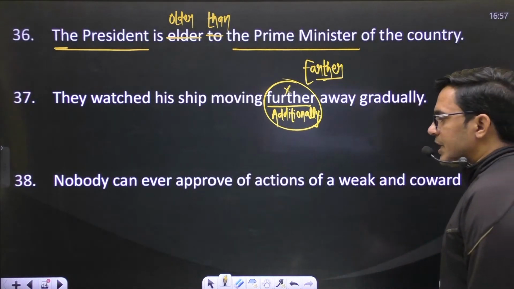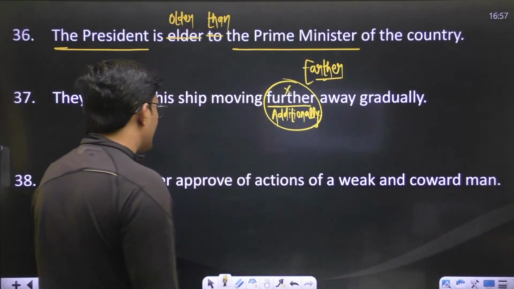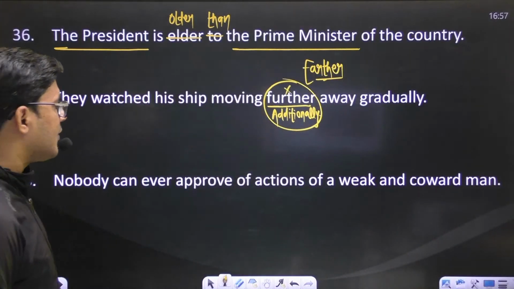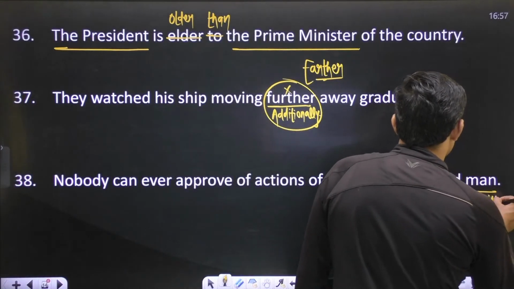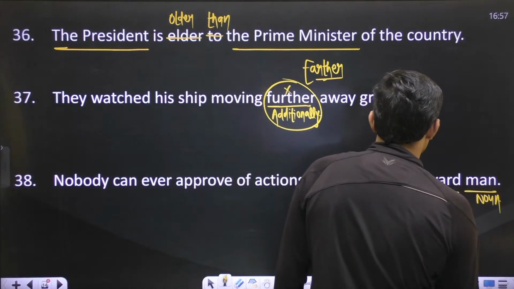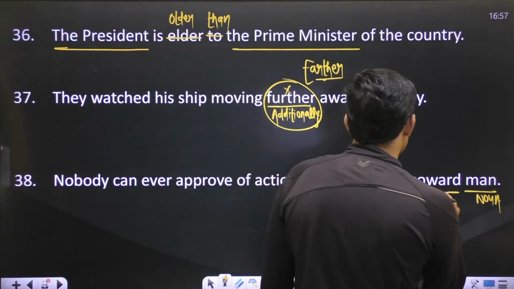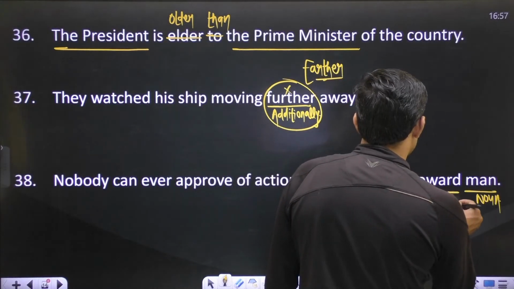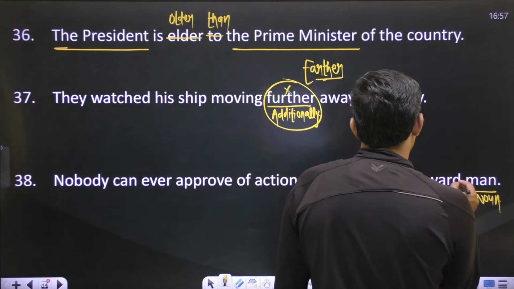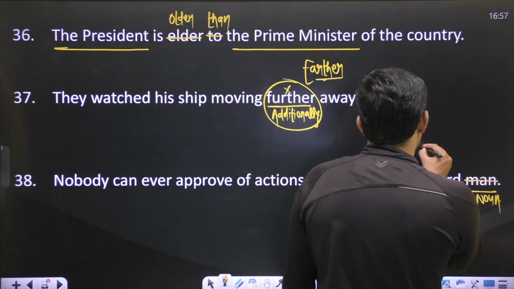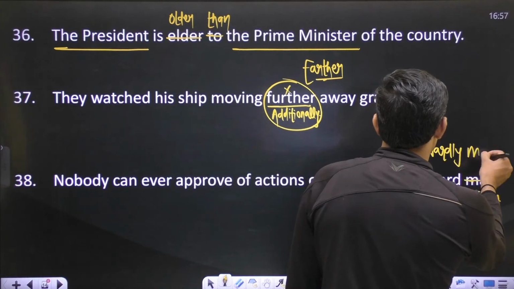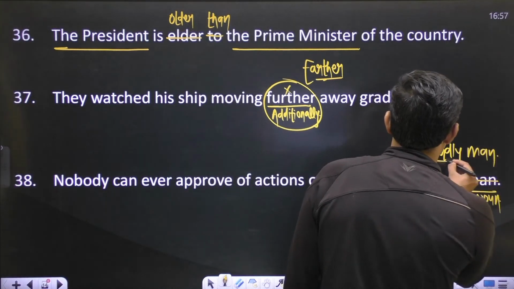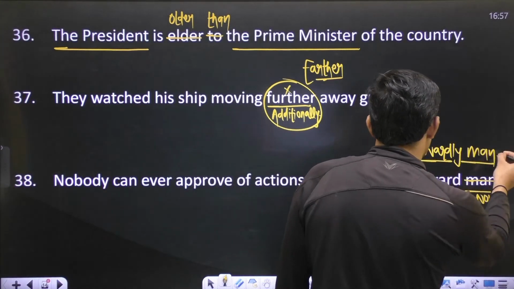Okay. Nobody can ever approve of actions of a weak and a coward man. Here we have a noun man, and this word coward is also a noun. So if you want to make it okay, either you drop man or you say cowardly man. If you speak like this, cowardly man, the sentence will be fine.